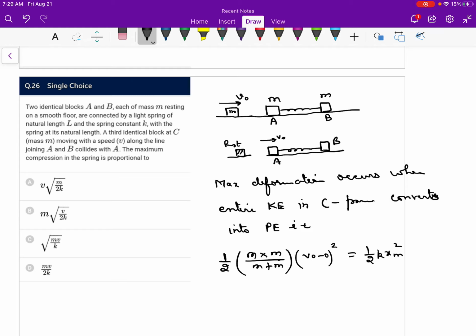So xm is proportional to v0 under root m by 2k. So A is the correct option.